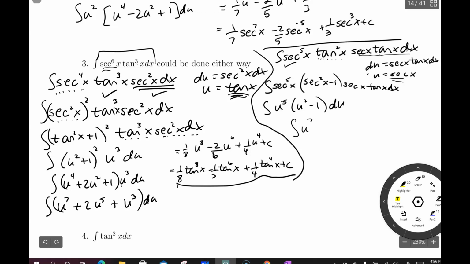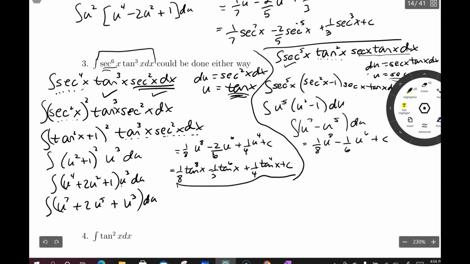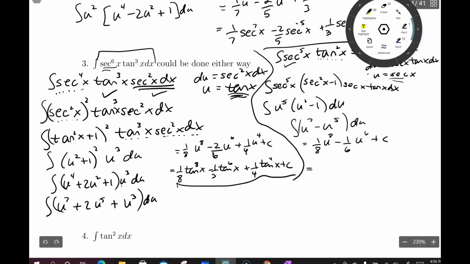So I'm going to multiply this out. So I'll get 1/8 u to the 8th, 1/6 u to the 6th. And now it's time to put my x's back in. So I have 1/8 secant of x to the 8th, 1/6 secant to the 6th.